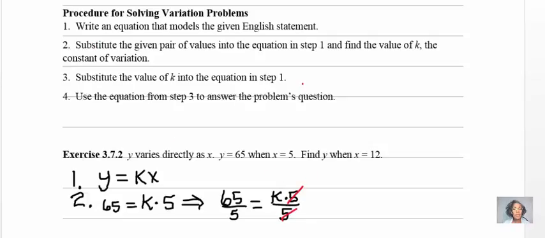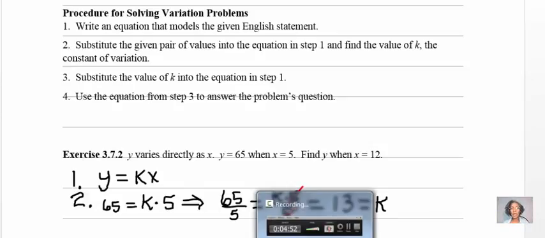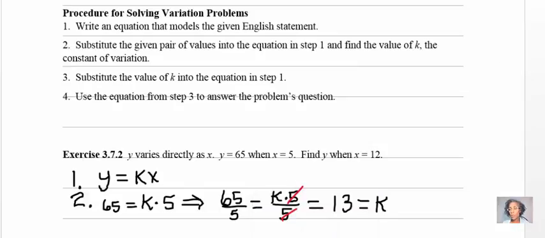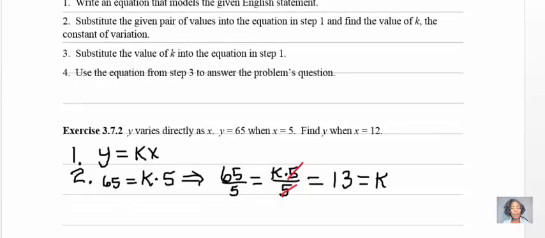We can divide 5 into 5 to get 1, and 65 divided by 5 is 13. So our k is 13. That's what step 2 does: it uses the information the problem gave us to find k.